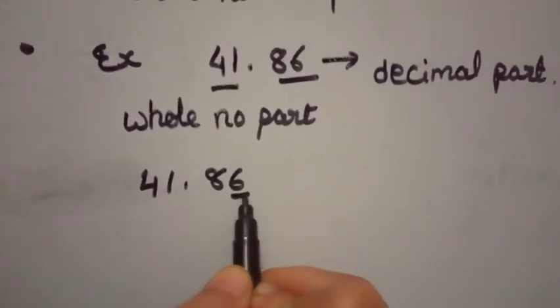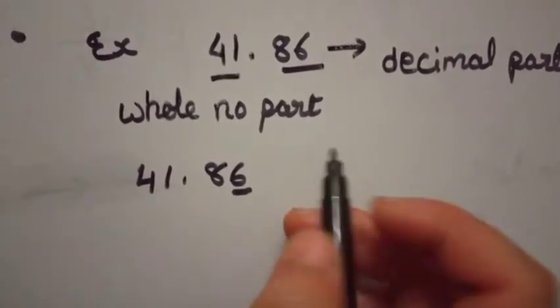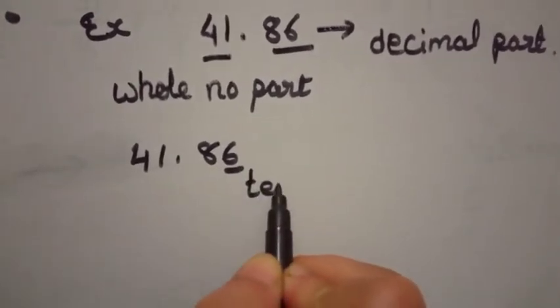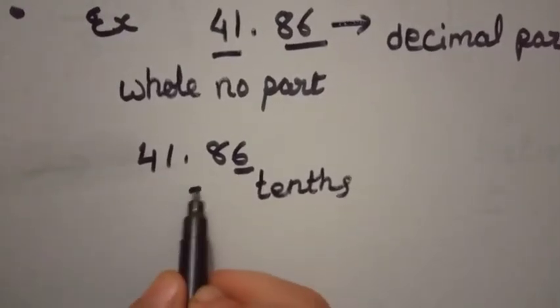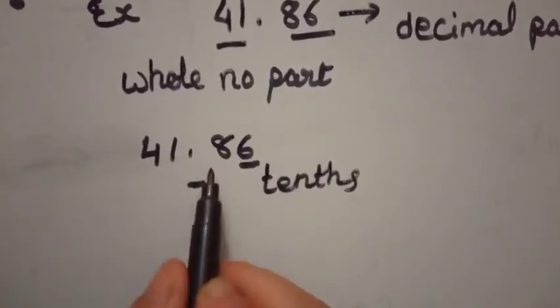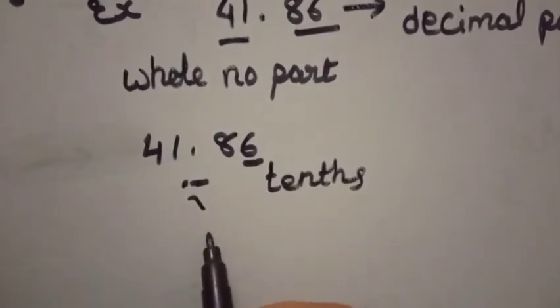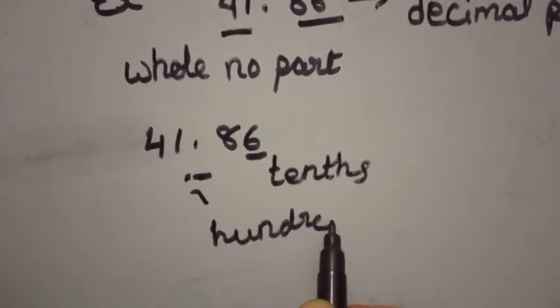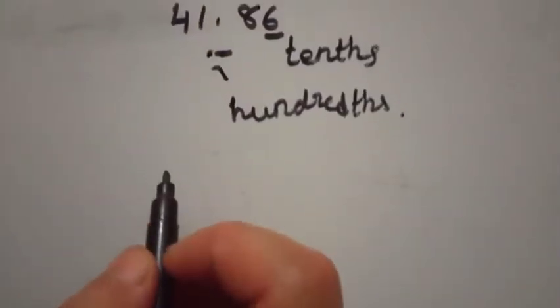So 6 is the first position, the first decimal part, and here we write tenths. The second decimal part we will write hundredths. We have studied all this in the previous class also, in 6th standard.